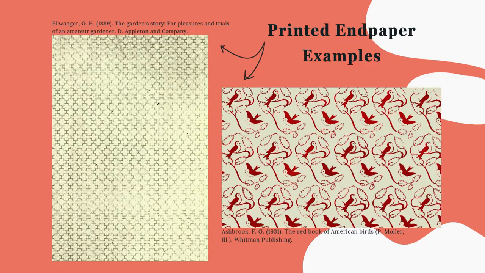By the late 18th century, lavishly decorated end papers became a sign of fine craftsmanship. These intricate designs, such as marbled, printed, or patterned end papers, eventually found their way into children's books, which were becoming a popular and growing literary market in the mid to late 19th century.